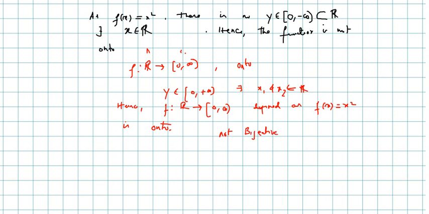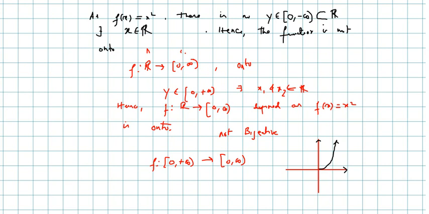Can you make this bijective? Yes, you can. How can you change it? Just change the domain. I can change it from 0 to plus infinity, and the codomain is also 0 to infinity. So, I am talking only about this portion of the graph. Can you see here?